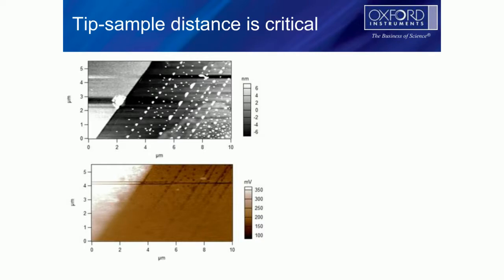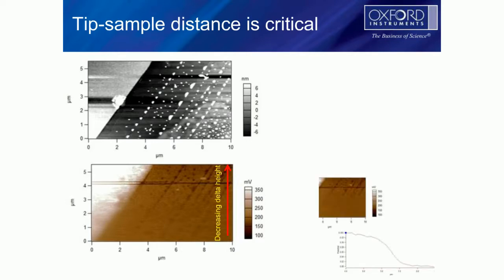This was, I believe, an electrode. It doesn't matter. It's a thin film sample. There's a difference in potential between one side and the other, right? And what I did was I started from the bottom, and as I went towards the top, I was lowering the delta height to see what the resolution effects on the surface potential were. What we found was that you can measure this step at 1.5, 2 microns, something like that.